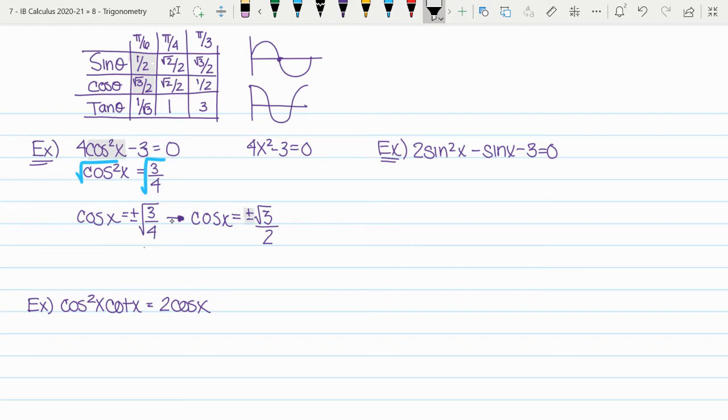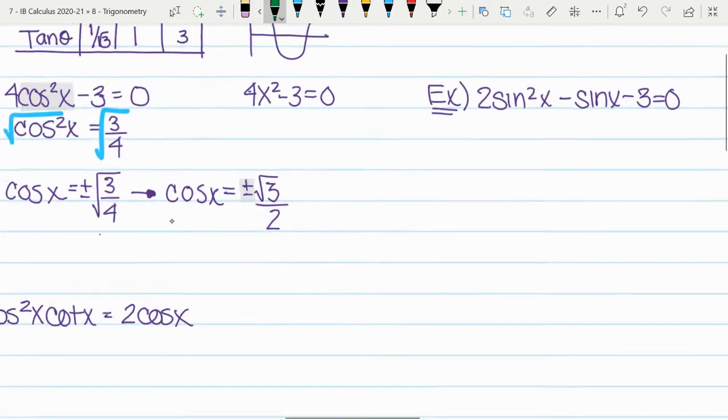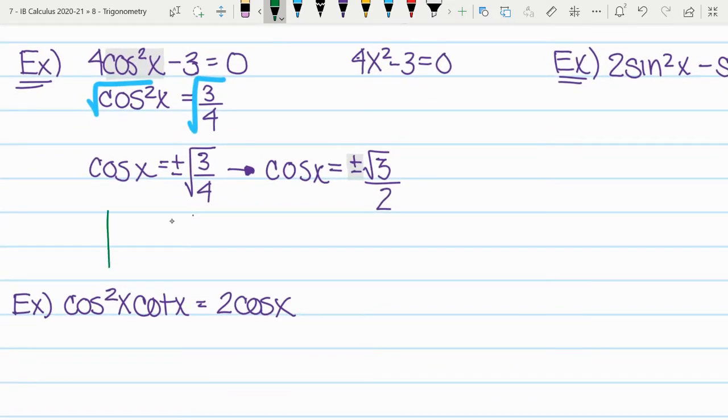Now I have to take into account that I've got plus or minus. That means I want the positive and negative values of cosine, so I'm actually going to have 4 answers. The values of x that will make cosine spit out root 3 over 2 are, of course, pi over 6 in quadrant 1.